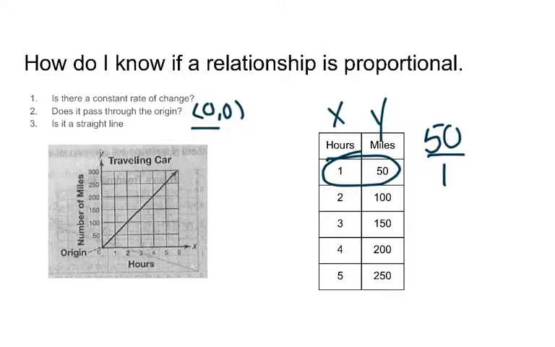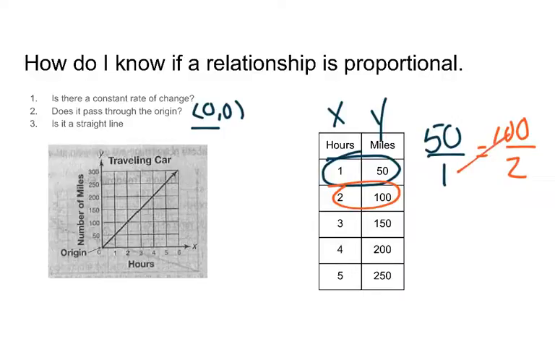Here's how we know if this is proportional. We take the second ratio and we do 100 over 2 and we make them equal to each other. And if you remember back last year when we were talking about proportions, the way that you can tell whether this is a proportional relationship or not is to cross multiply.